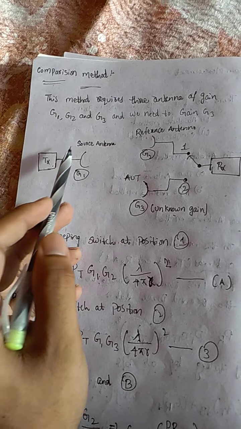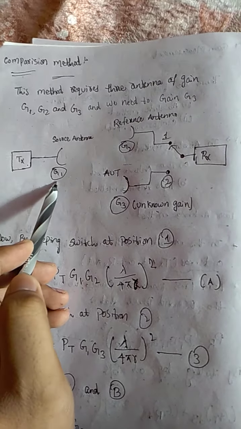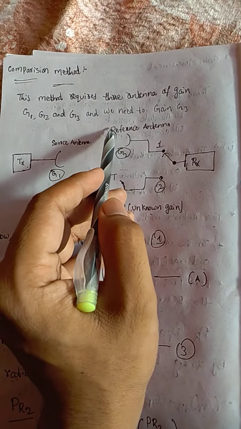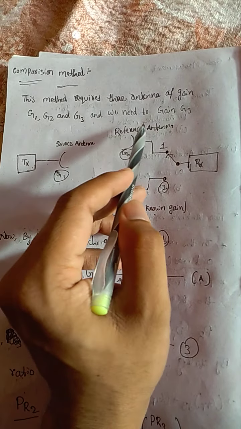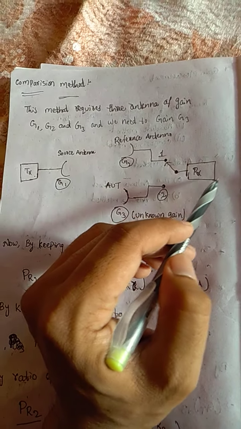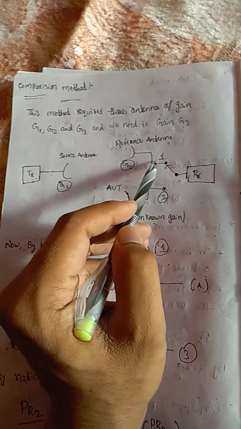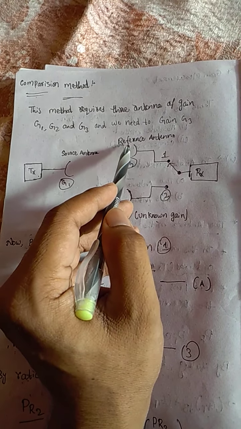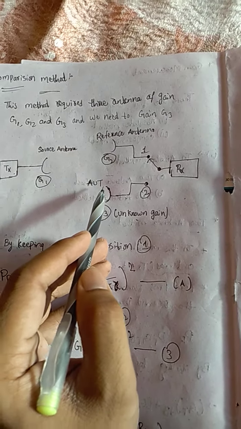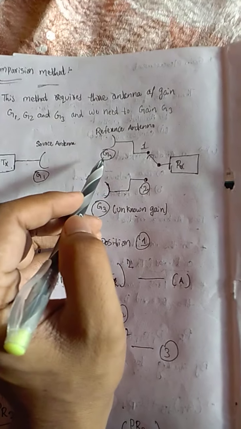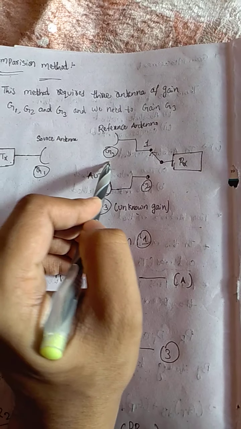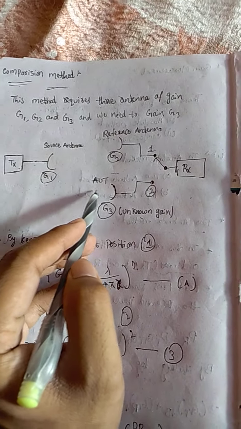This transmitter source antenna gain is G1. And also we have a reference antenna at the receiver, and this reference antenna gain is G2. And also here I have taken AUT.